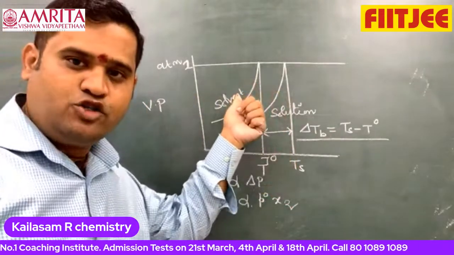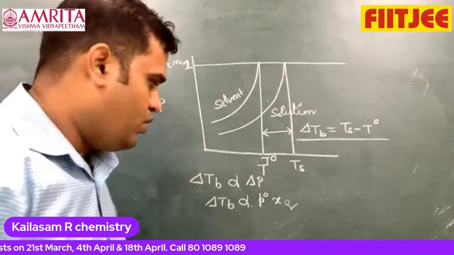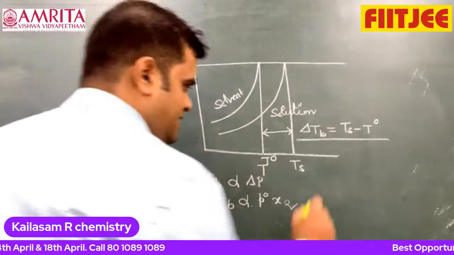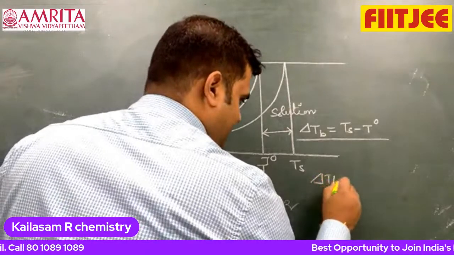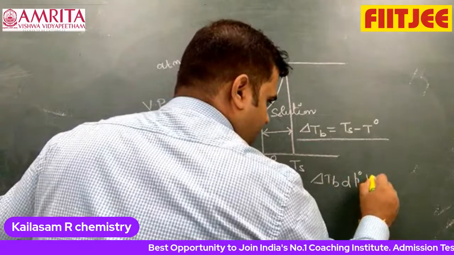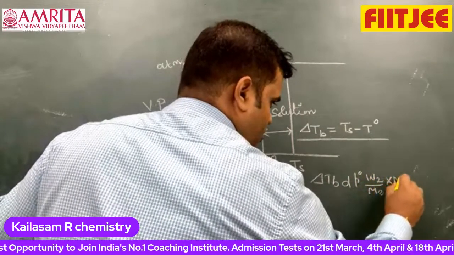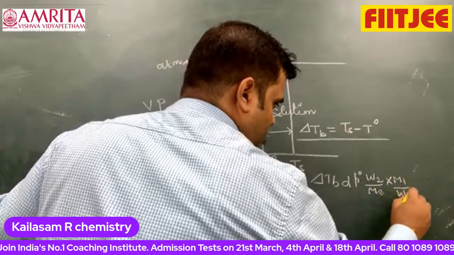Anyway, this must be a dilute solution, so we can write n2 by n1. That is, delta P is P naught into W2 by M2 into M1 by W1.